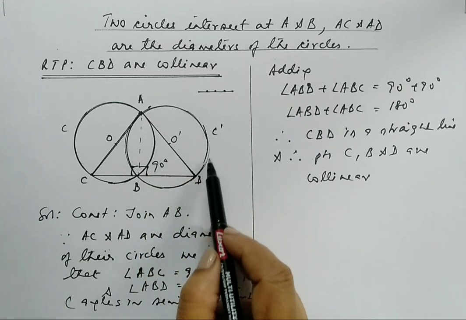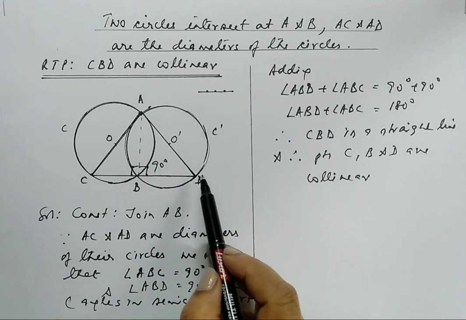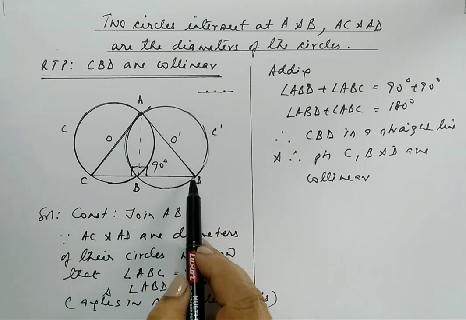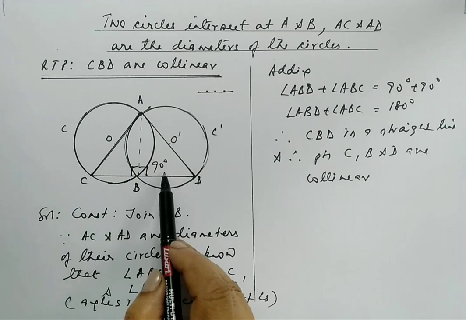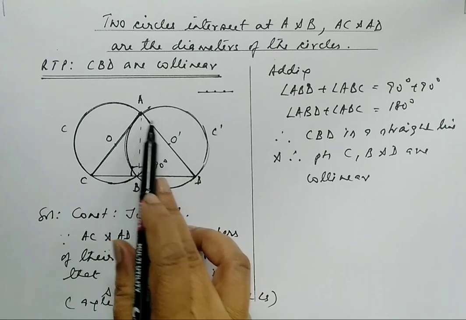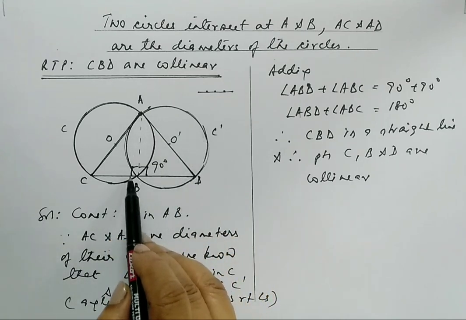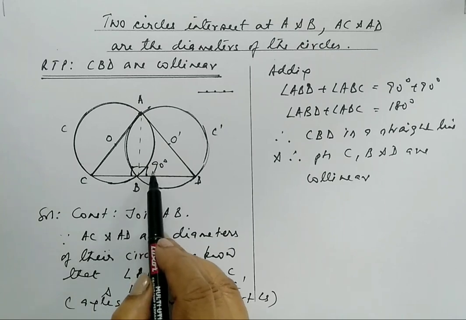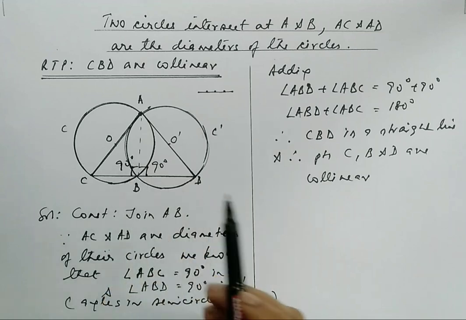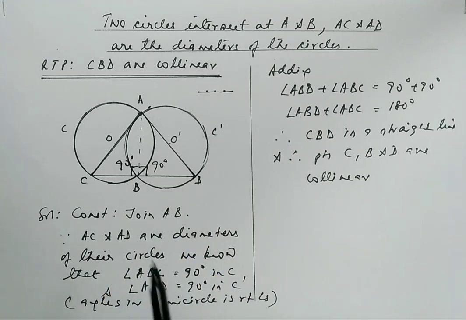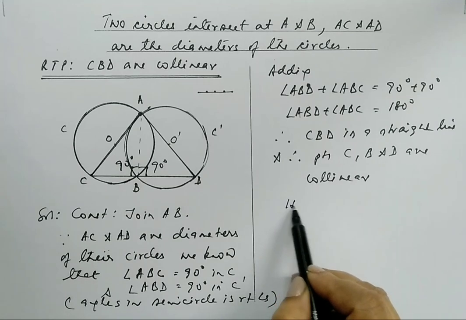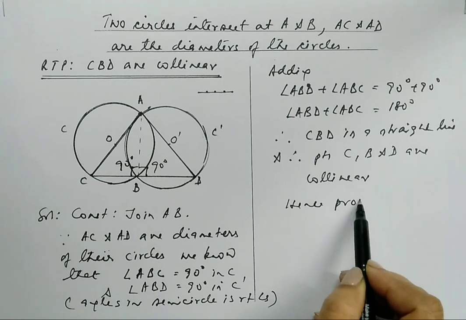Since this is the semicircle, other than this arc, wherever the diameter subtends, it will make 90 degrees, and it will do the same on that side, but since this is in focus, we will consider this equal to 90 degrees and the same here. Correct? Now, having said that, we have been able to prove, so we'll say hence proved.